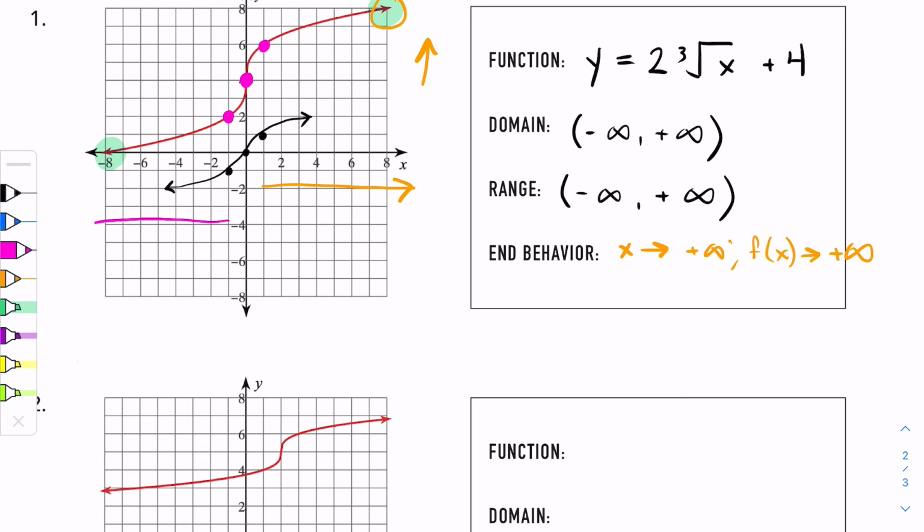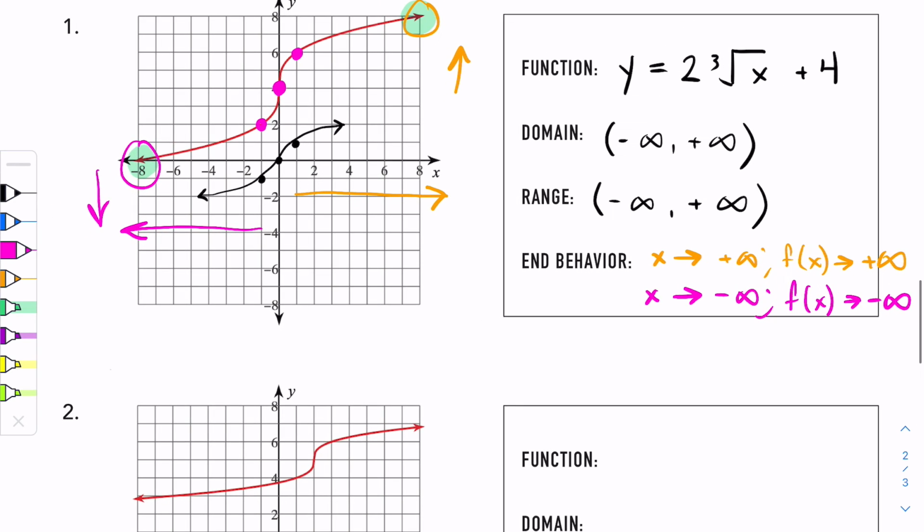However, when we head towards negative infinity on the x-axis, this graph is slowly facing down. The values on the y-axis are slowly getting smaller or heading towards more negative values. So the last end behavior is as x approaches negative infinity, f of x also approaches negative infinity.